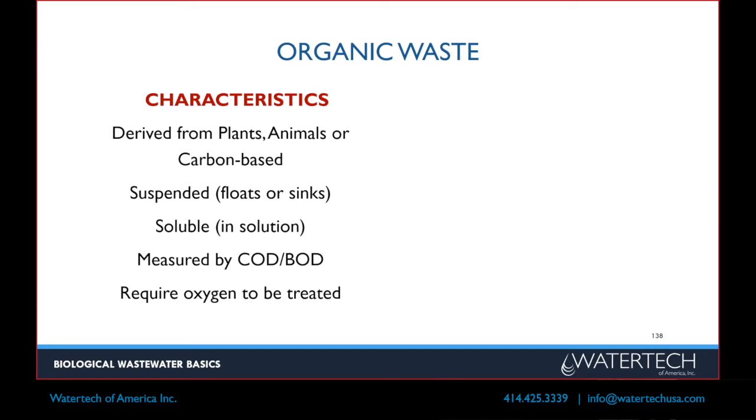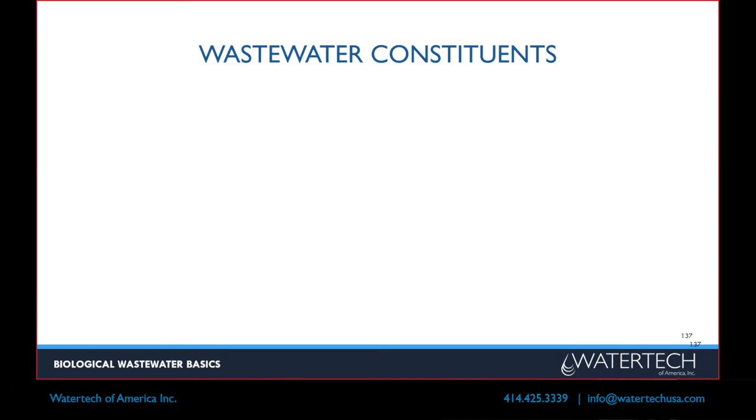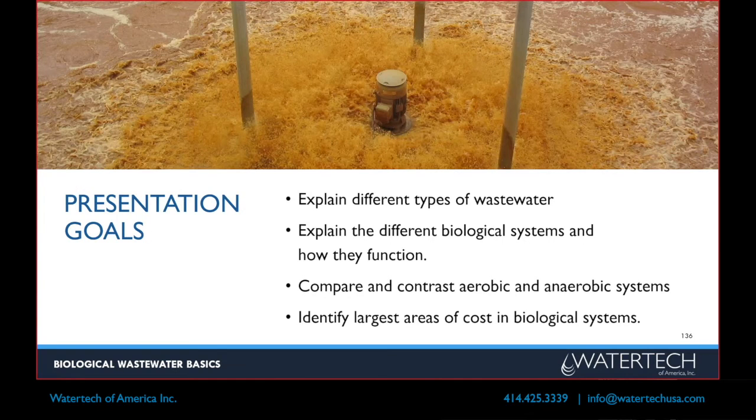And they require oxygen to be treated. So when you're looking at a biological system, if we go back to my first slide, this is a bunch of wastewater with a bunch of bacteria that generally has that brown color. So that bacteria, in order to consume the organics that are there, needs oxygen, just like you and I need oxygen to breathe and to survive. And so that's really what you're looking at here.